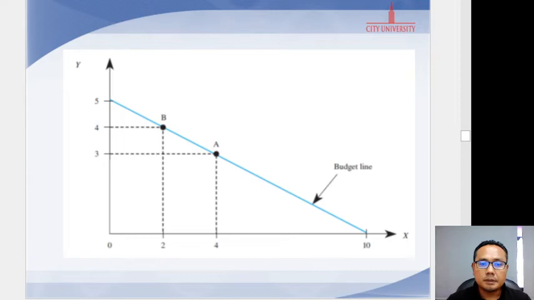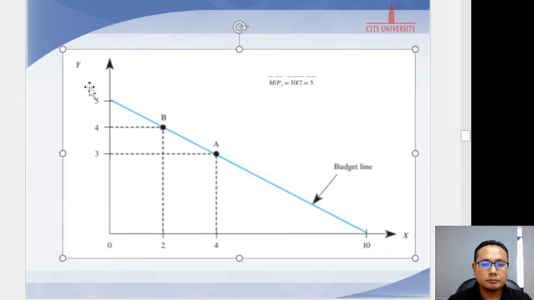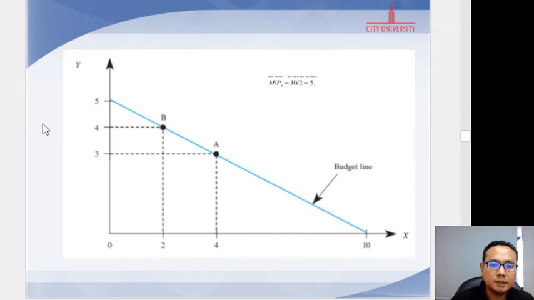Let me put it in this slide. M by Py equals 10 by 2, which equals 5.